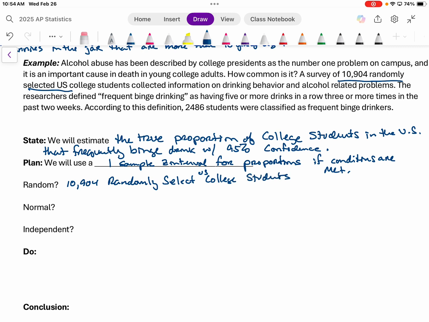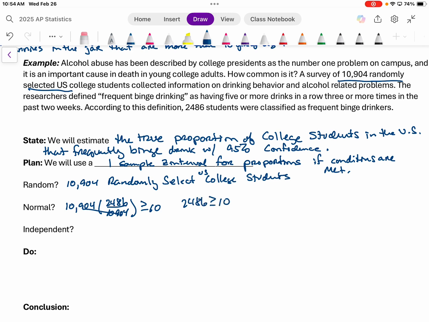This is where we have to do the np stuff. 10,904 times 2,486 over 10,904, is it greater than or equal to 10? Yes, 2,486 is greater than or equal to 10.